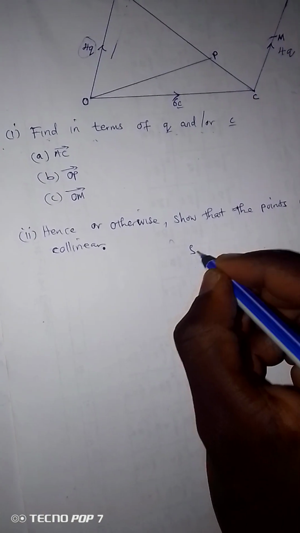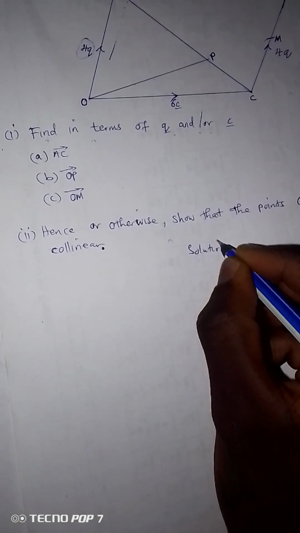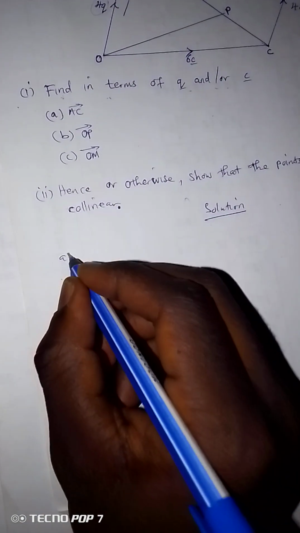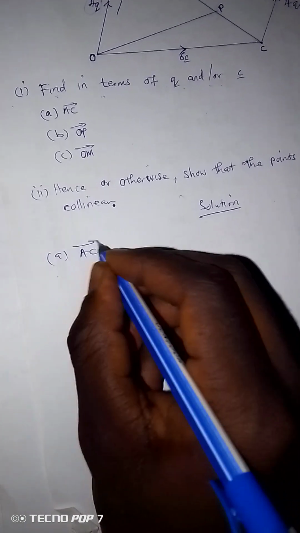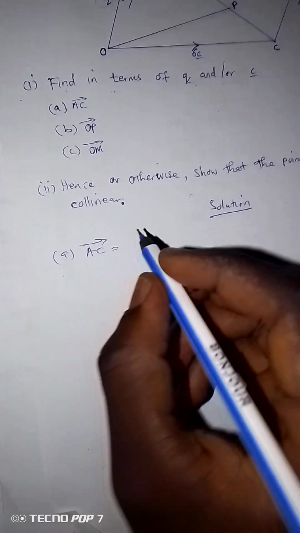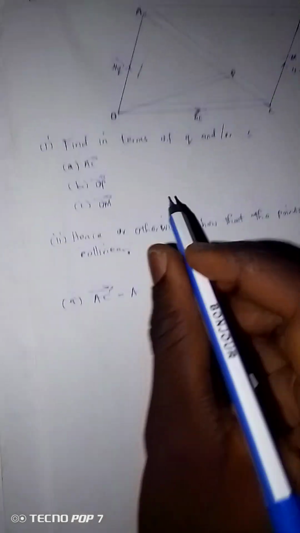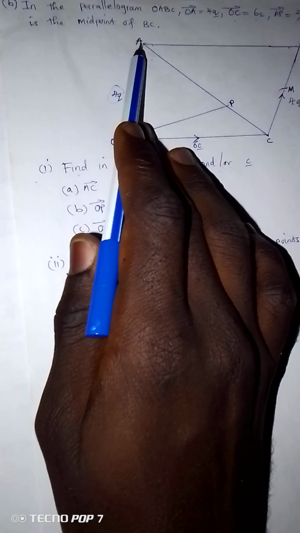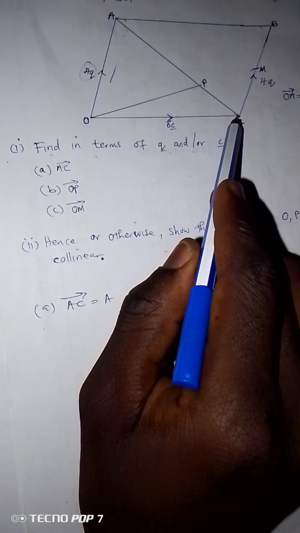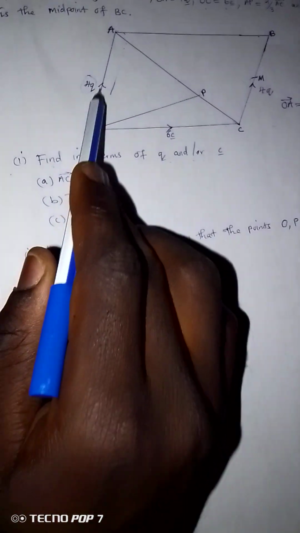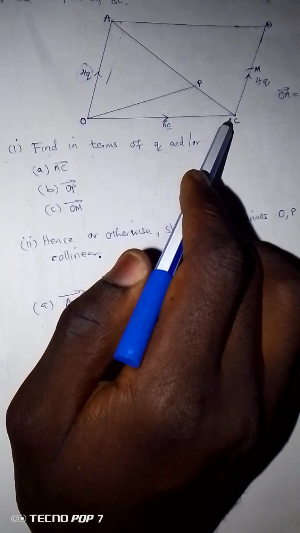So you say solution. AC is equal to, then you write AC and split it like this. After doing that, you go to the diagram. They said AC, so which route am I going to take? It's this route which I will take.